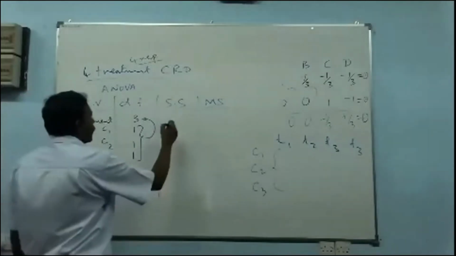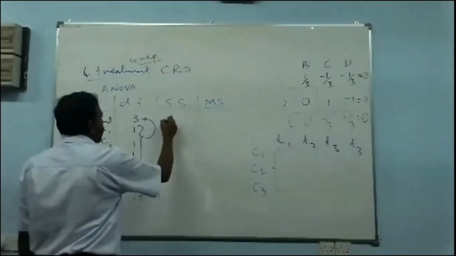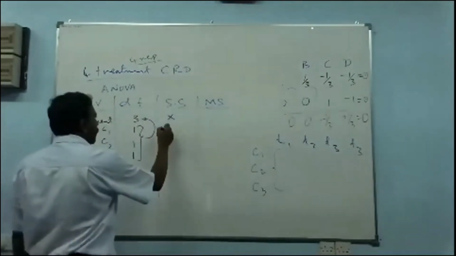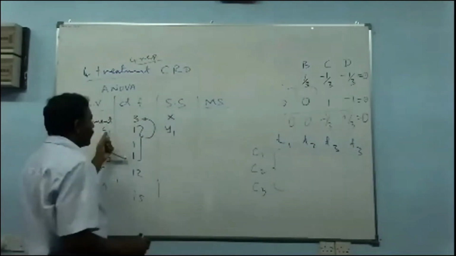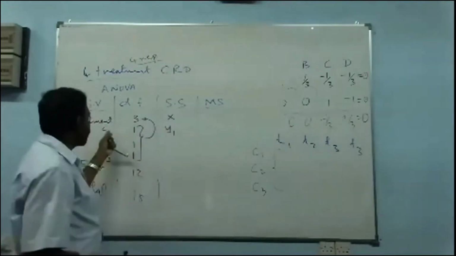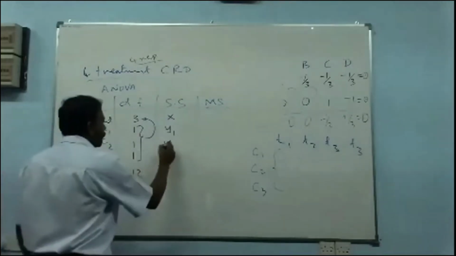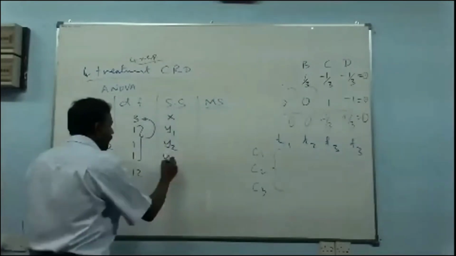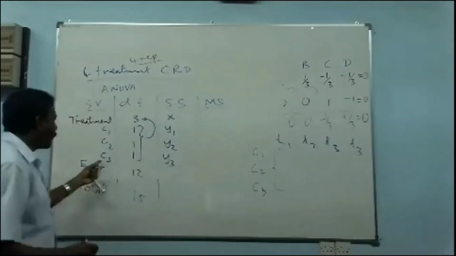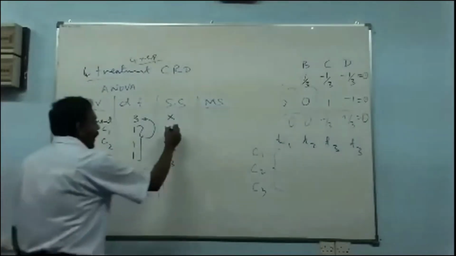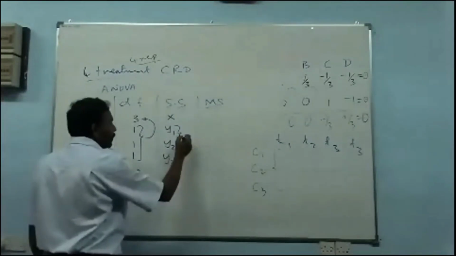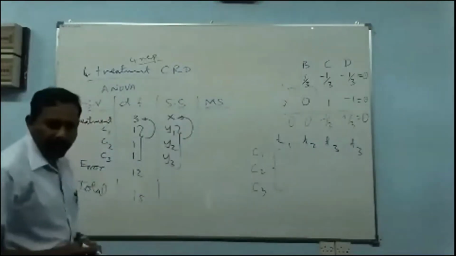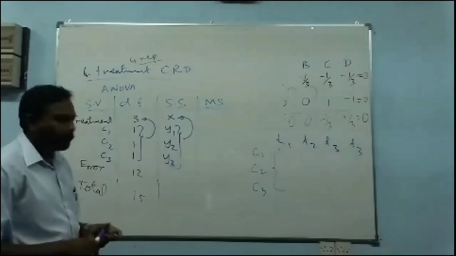Let's say you have sums of square X for treatment, Y1 is the sums of square for contrast 1, Y2 is the sums of square for contrast 2, and Y3 is the sums of square for contrast 3. If you add all these sums of square, it is equal to X. Clear?